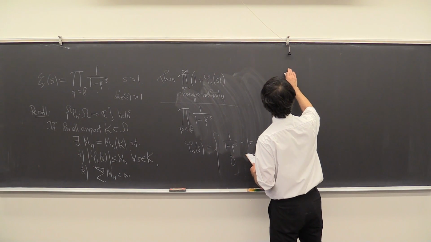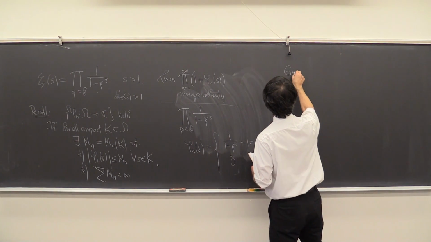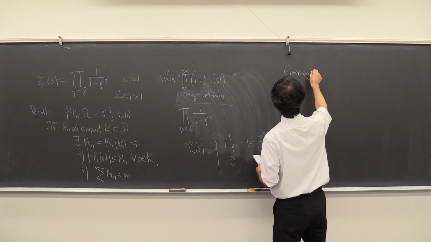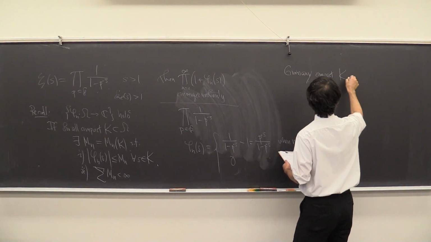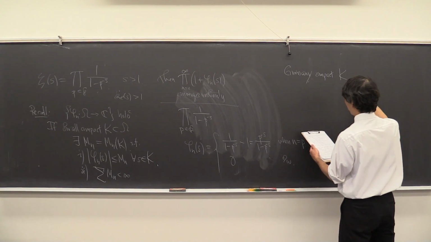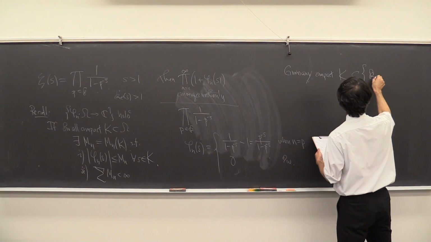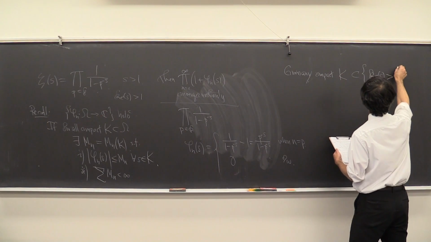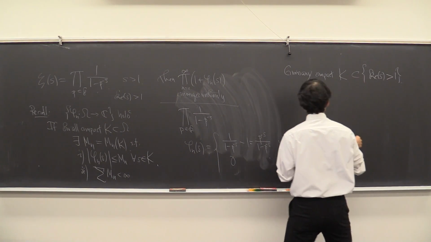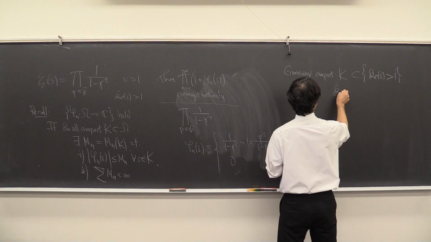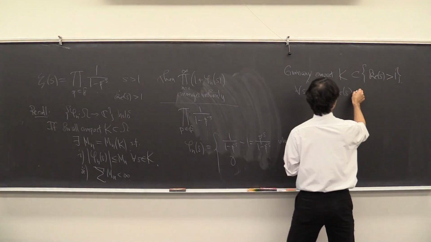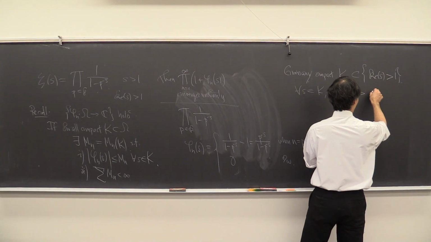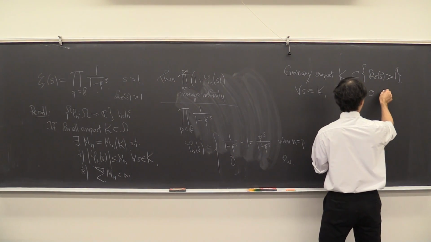So you say, well, look, given any compact K in this half plane, we know that for all s in K, the real part is going to be greater than some number, which we'll call sigma, bigger than 1.